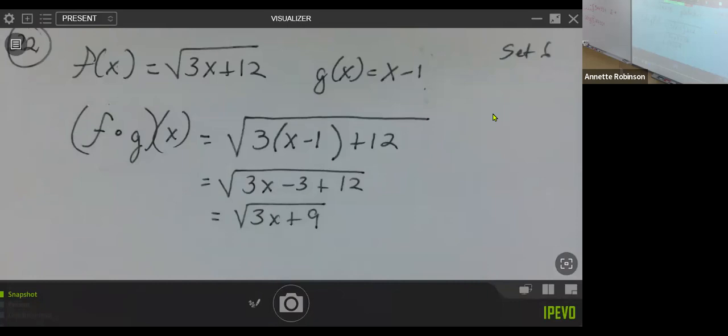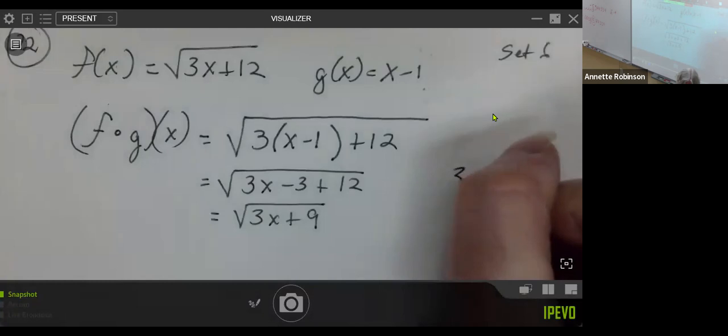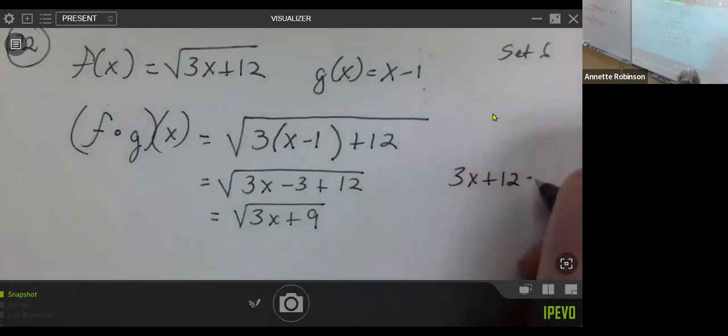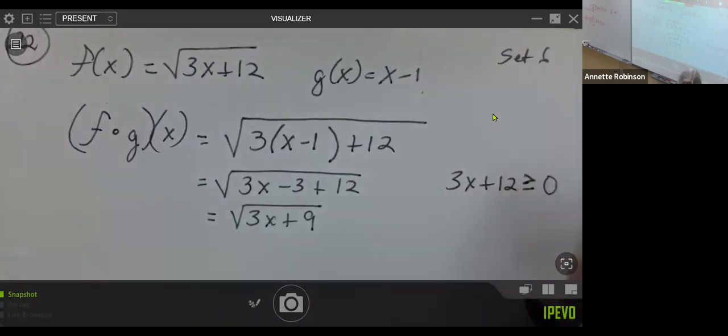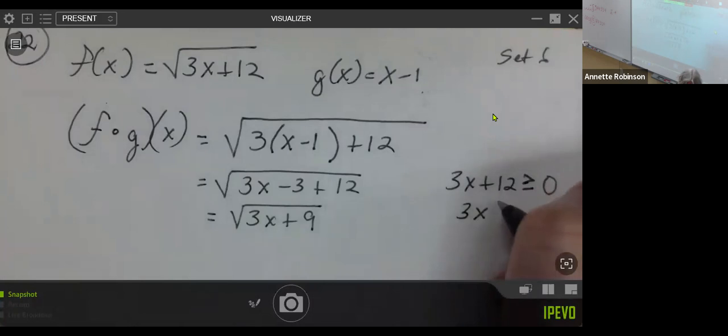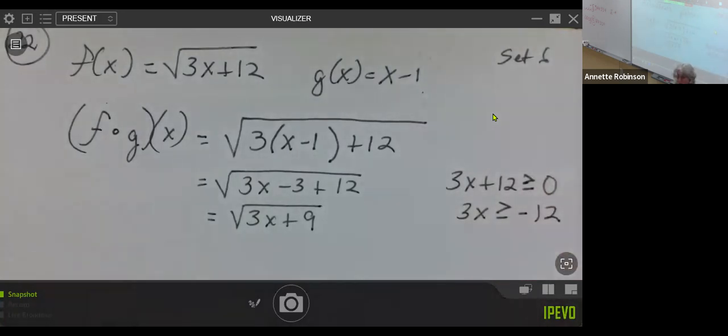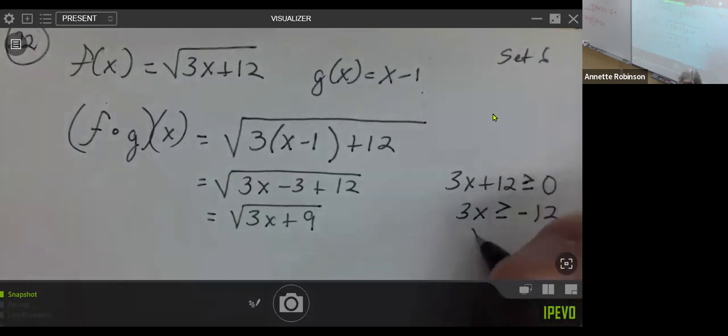All right, so let's take this. In 3x plus 12, if it's got to be greater than or equal to 0, that's 3x is greater than or equal to negative 12. Y'all didn't want me flipped, did you? Divide by 3 means x is greater than or equal to negative 4.